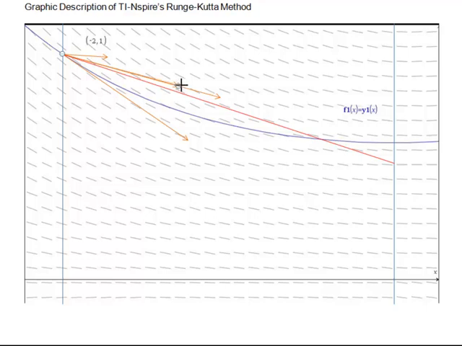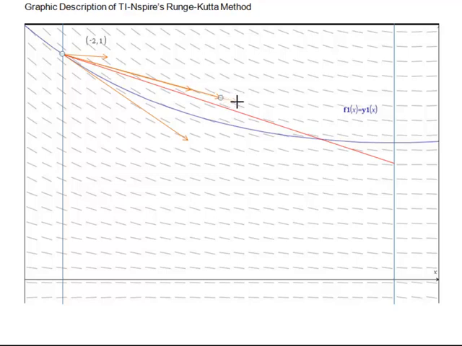So I'm going to bring it out a little bit more, about there, and that'll be our second slope. The next slope, the third one, under this calculation gets a weighting of 8, 8/24 to be exact.